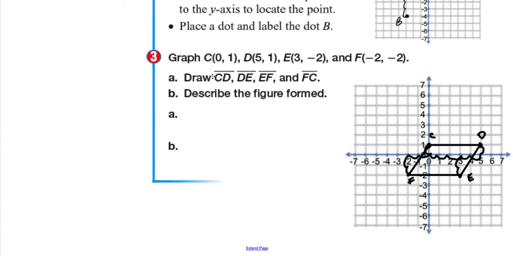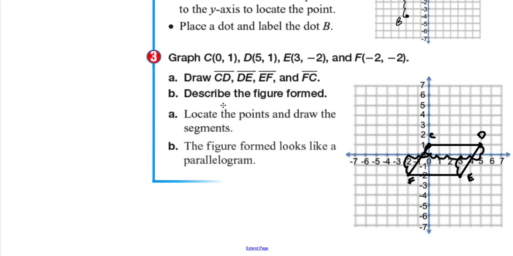After drawing all those segments, we want to find out the figure formed, and it is a parallelogram. Remember what a parallelogram is? A parallelogram is a quadrilateral in which two pairs of sides are parallel to each other.